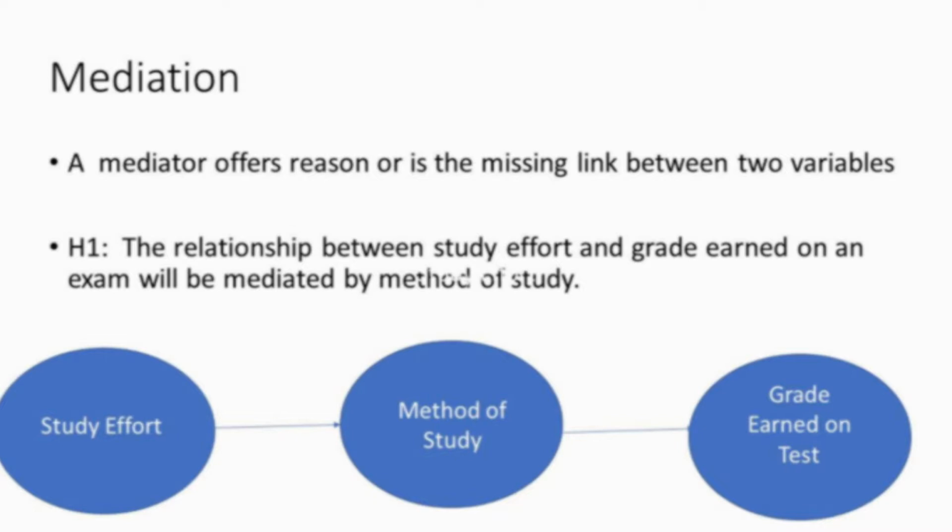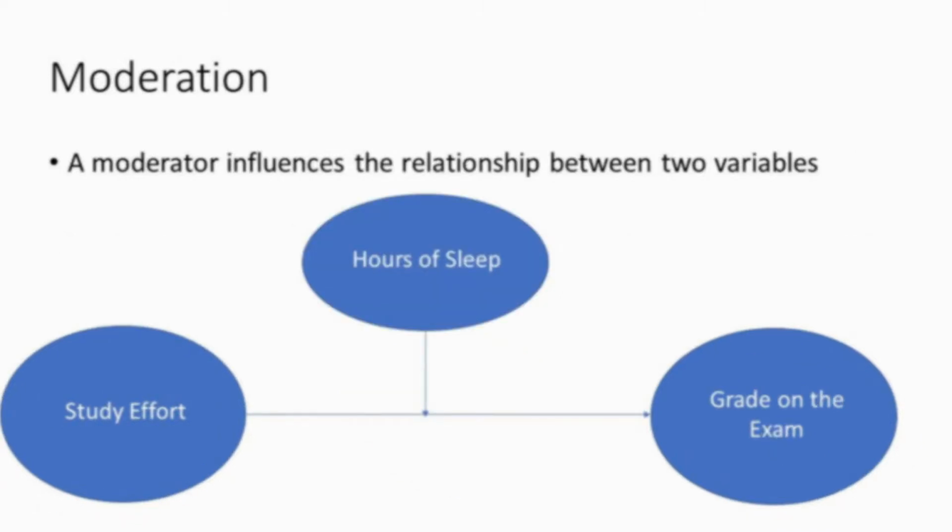But not all variables that are involved with one another deal with being a necessary step. Sometimes they might indirectly impact a relationship. Let's take a look. Differently with moderation, a moderator influences the relationship between two variables.